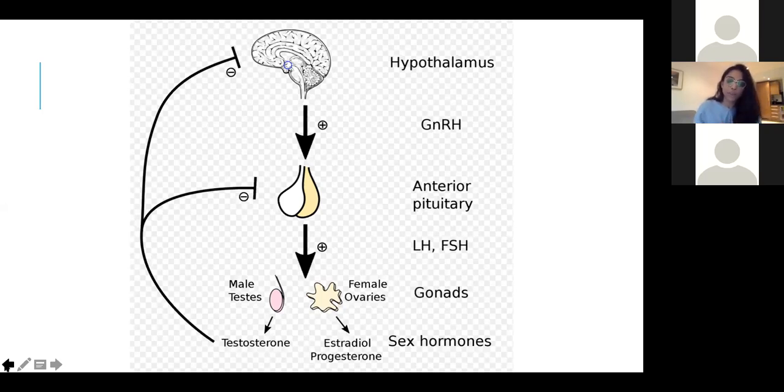Luteinizing hormone produces testosterone that causes enlargement of the testicles, whereas FSH stimulates the lengthening of the penis, facial hair, and other secondary sexual characteristics, essentially. And then you obviously have the negative feedback, which works on gonadotropin releasing hormone and stops the production of LH and FSH.